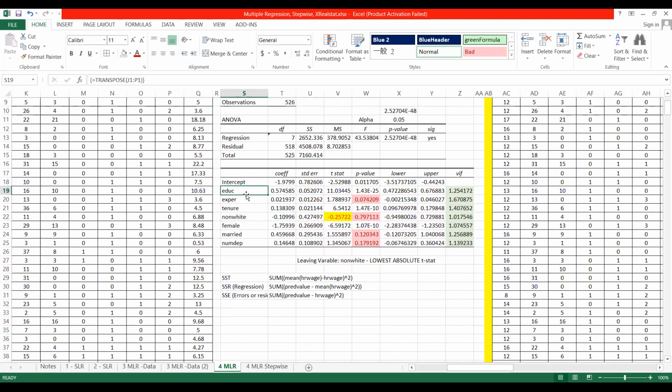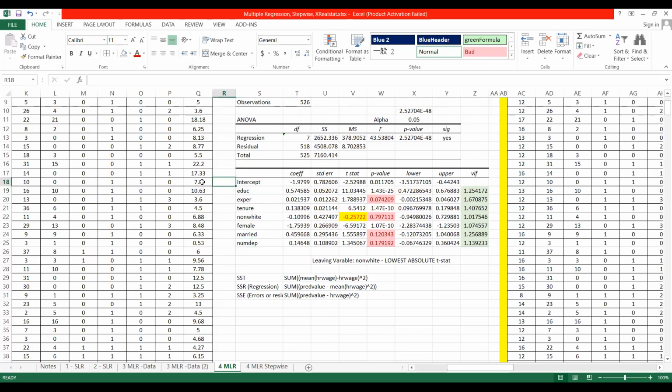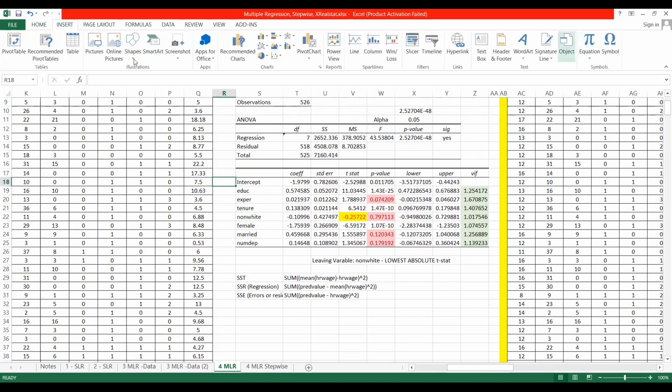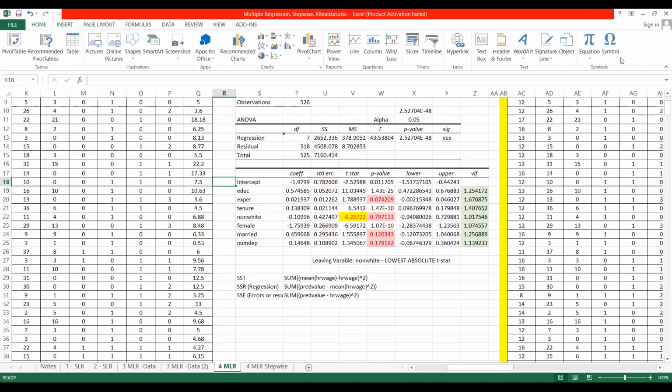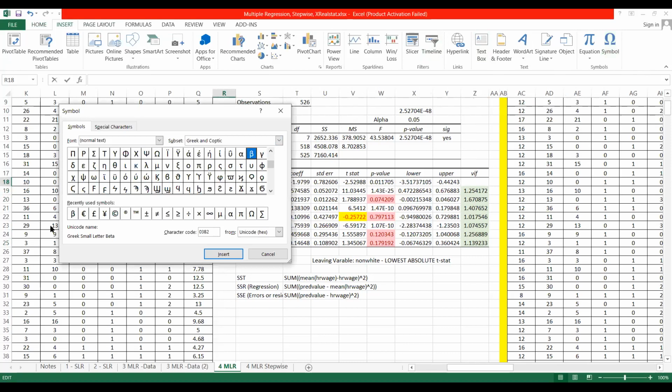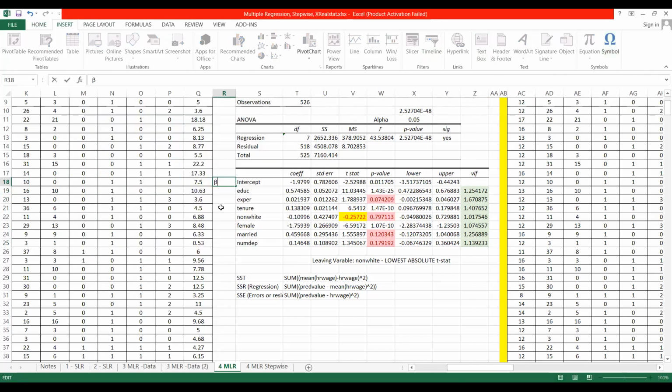Then B1 is equal to 0, B2 is equal to 0, B7 is equal to 0. Okay, let me just correct this here, it's actually beta. Insert, insert symbol. Okay, beta 0 is equal to 0. Okay? Then it continues until the end.